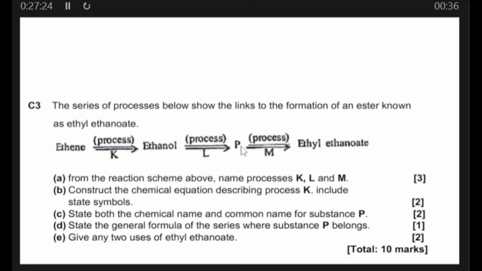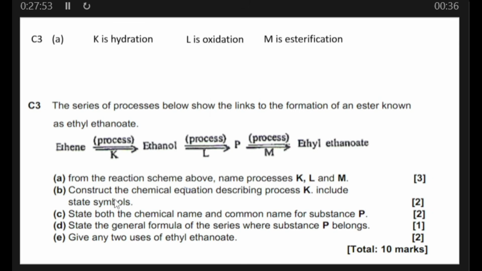Then an acid to give us ethyl ethanoate must have undergone esterification, which must have been the reaction of an acid with an ethanol or an alcohol to give ethyl ethanoate. So what we are going to say is that for A, process K is hydration, then process L here is oxidation, then process M is esterification.